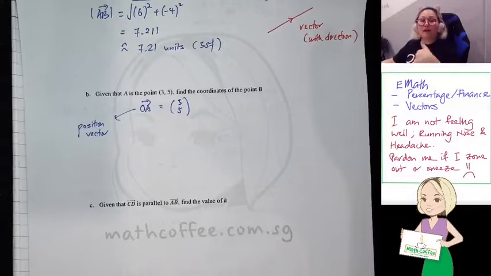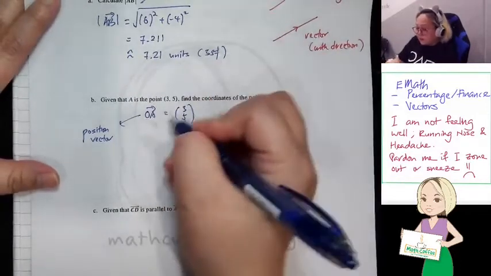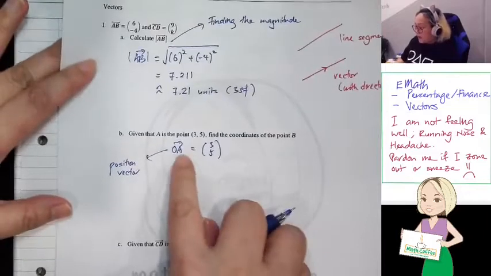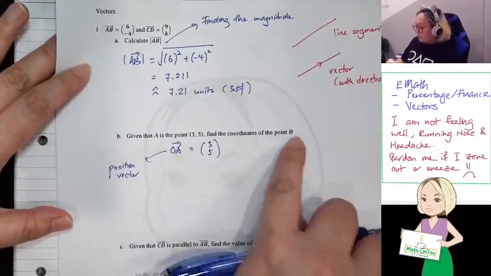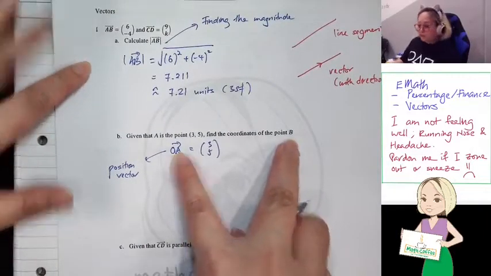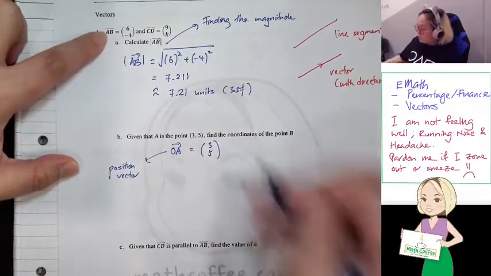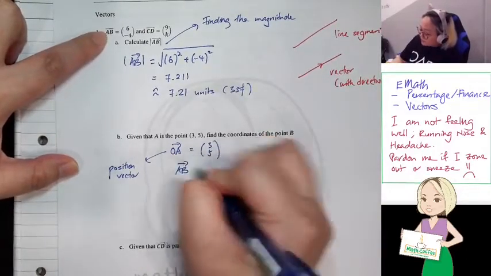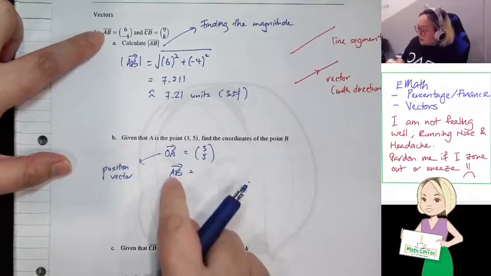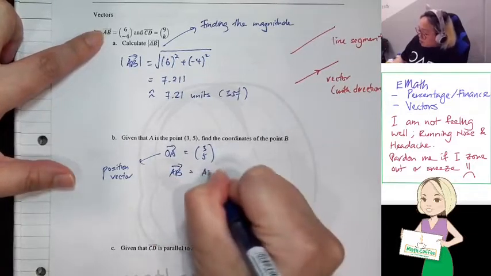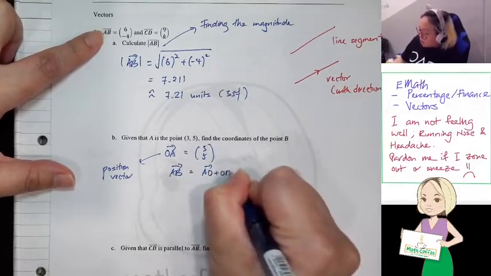Now they want you to find the coordinate of B. So I'm going to teach you this. First, I'm given OA, I want to find B. So I need to look at AB. The vector AB is given. So you will write AB, okay, you will write AO plus OB.